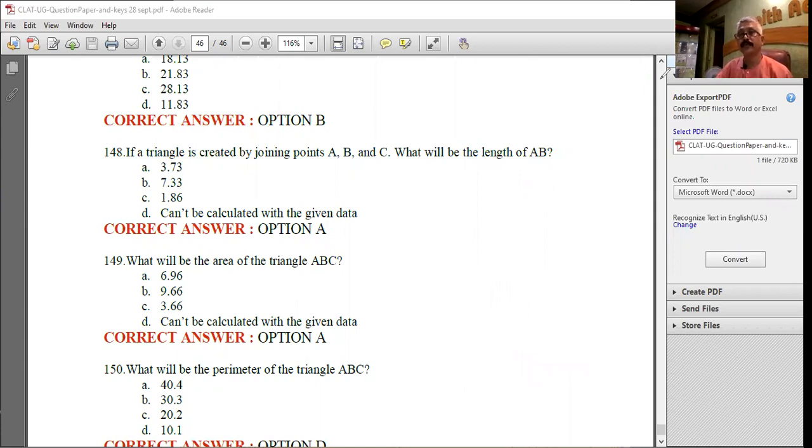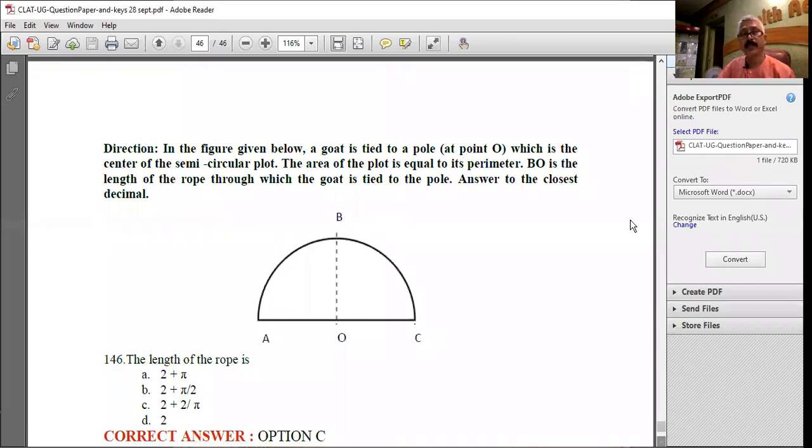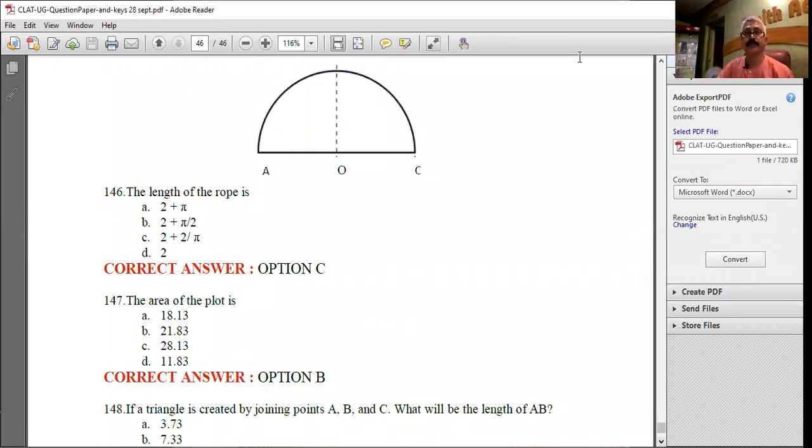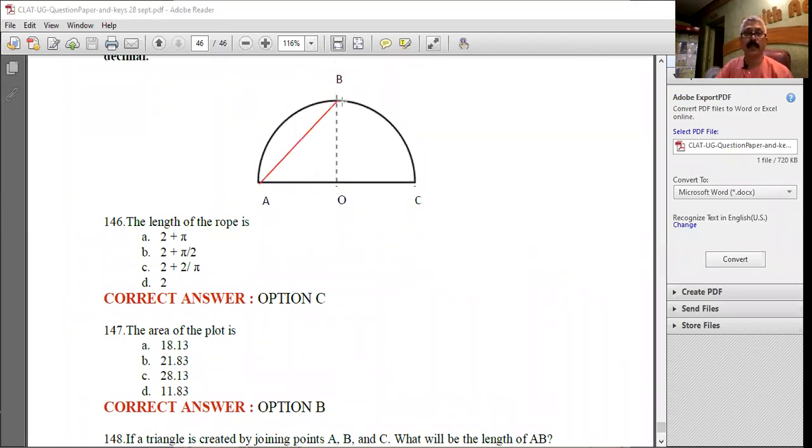Look here. Perimeter of ABC means, look here, A, B. So perimeter is AB plus BC plus AC. AB, we calculated, it was R root 2. If it is R, it is R, so obviously it is R root 2.